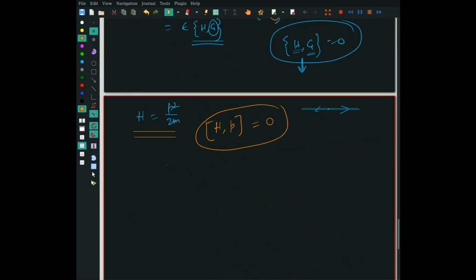So you all know that p square by twice m commutes with p. You are all happy about that. You did this calculation in quantum mechanics, but perhaps for many of you it is the first time that you try to understand what that commutation basically means. So your lessons of quantum mechanics don't stop at calculating a commutator.